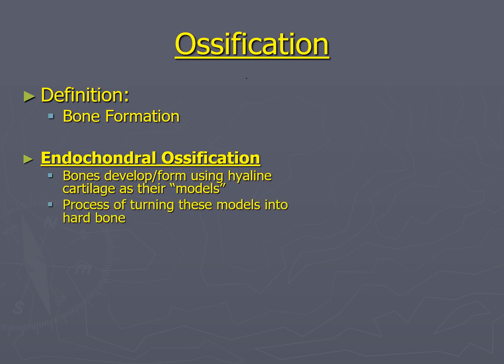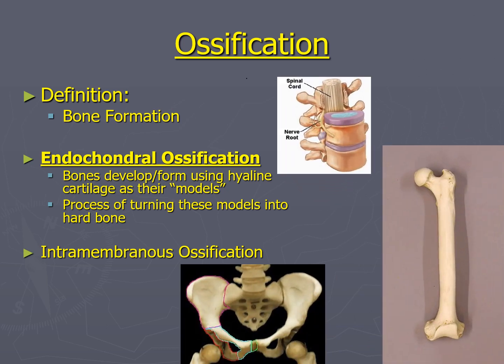Then we have the process of turning these models into hard bone. Then we have intramembranous ossification. Intra means inside, and intramembranous ossification is the process of turning a membrane into a bone.